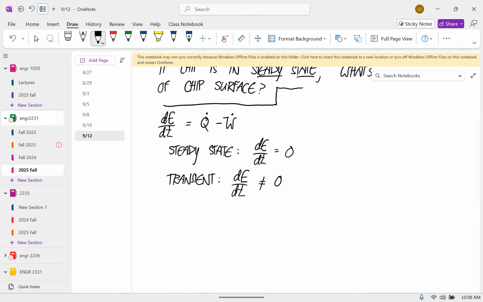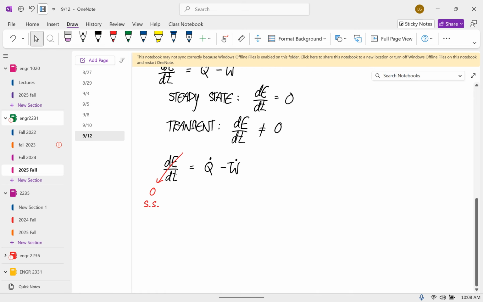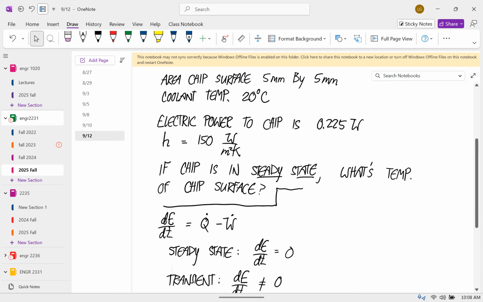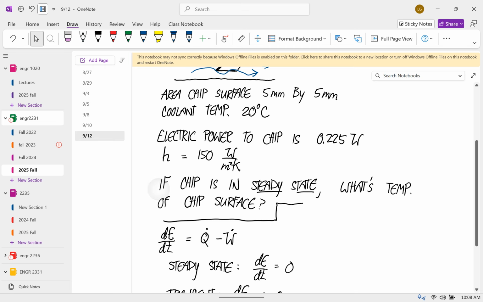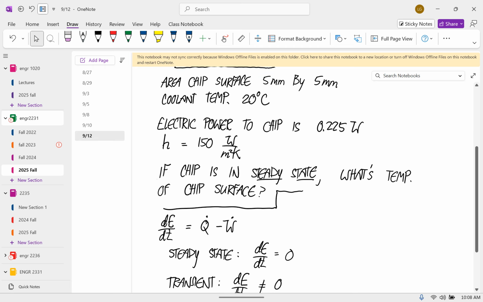So this is steady state, which means we have this equation, dE dt is equal to Q dot minus W dot. Steady state means that this is 0. And so we can write this as just Q dot is equal to W dot. We are told that the electric power is coming into the chip.